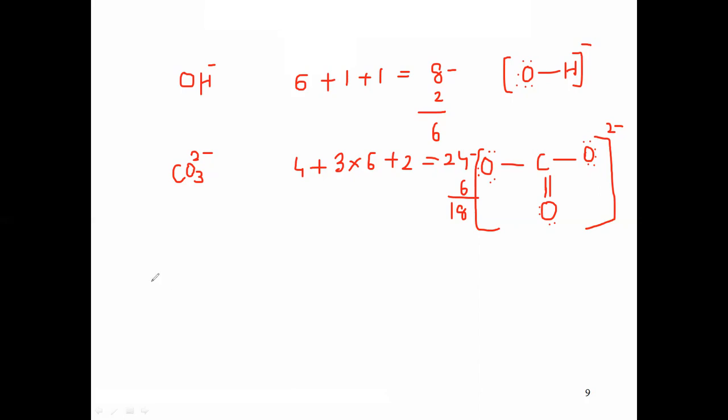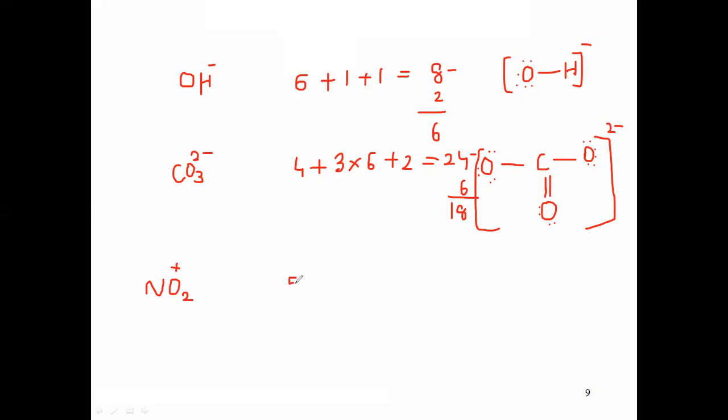So one more example we will take. We took only examples with a negative charge. What about a positive charge? For example, NO2+ ion. The first step, we will start with counting the number of valence electrons.